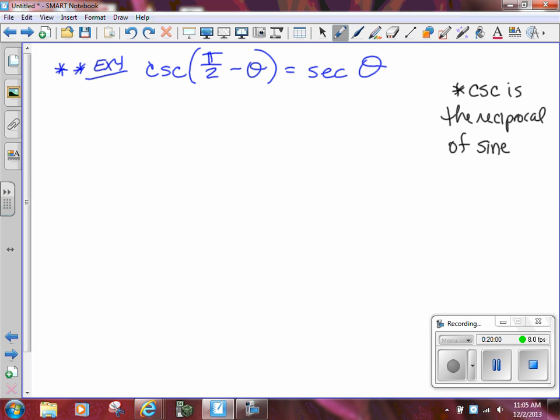So here's what we're going to do. We are going to have 1 over, because it's a reciprocal, sine of what? That's exactly right. Now, are you going to see these all the time? No. But this is how you show you understand these trig functions.